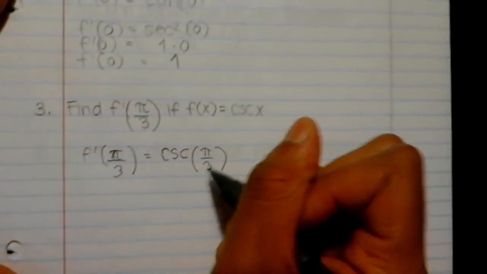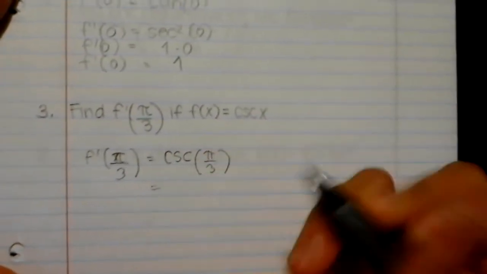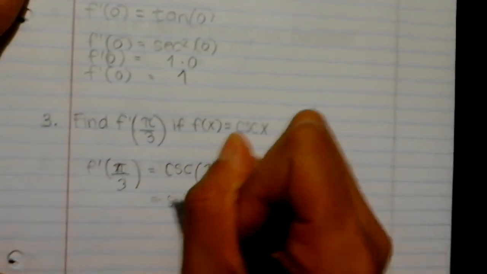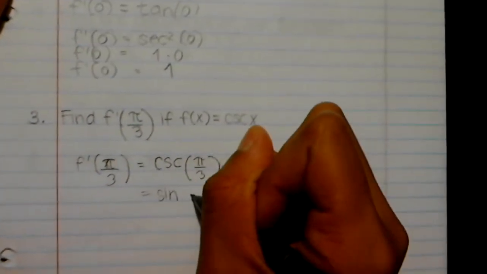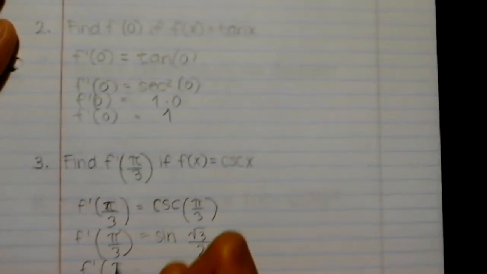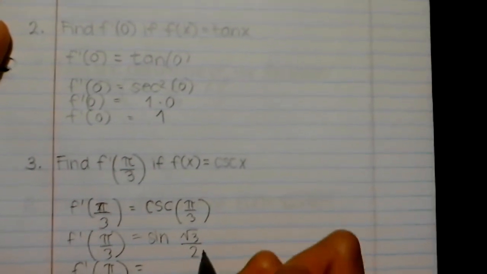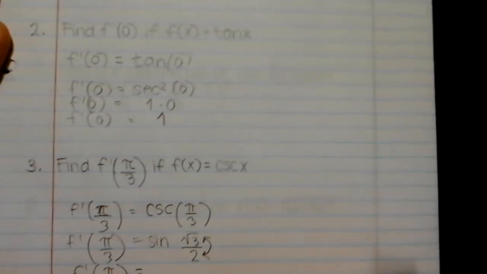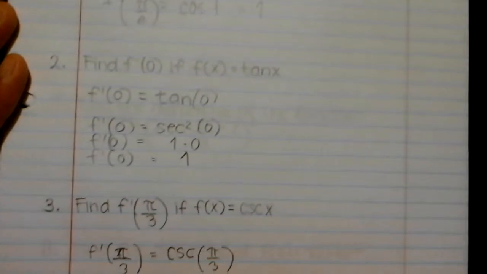So basically, pi over 3 equals sine, square root of 3 over 2. So f prime of pi over 3, and then prime your function. And that gives you, you should flip this, so you can put your radical at the bottom, so it'll be 2 over the square root of 3.